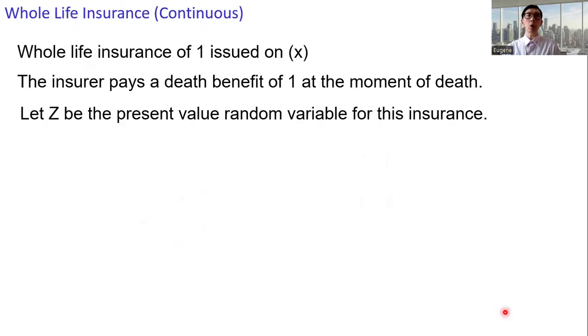Let's move on to the whole life insurance. Very similar setting as with the n-year continuous insurance, but the death benefit of 1 is paid at the moment of death whenever the individual dies. The corresponding Z is simply e to the power minus delta t, where t is greater than 0.